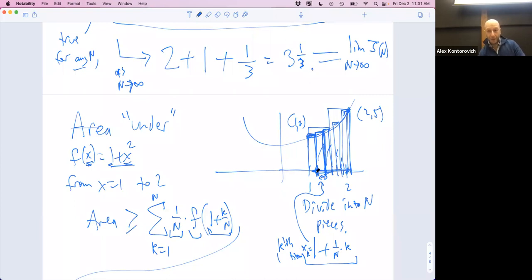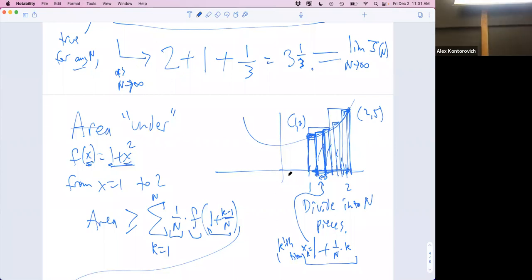That'll give us the lower bound. What's the left endpoint? It's just replacing k by k minus 1. So that instead of evaluating the first height at 1 plus 1/n, we're going to evaluate the first height just at 1 plus 0/n. And then we go up to n.